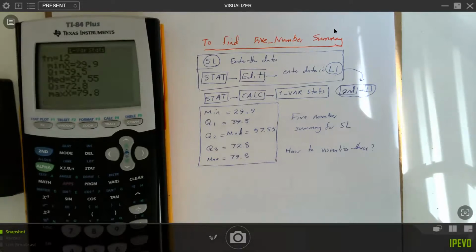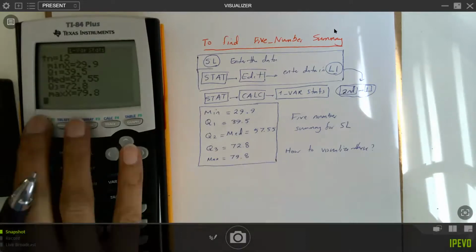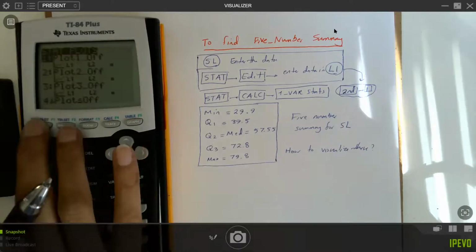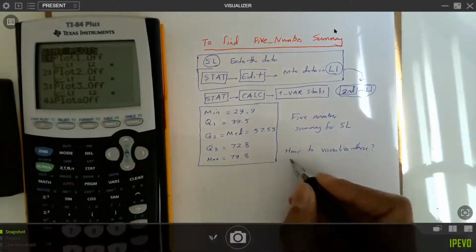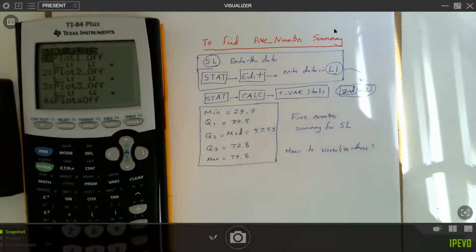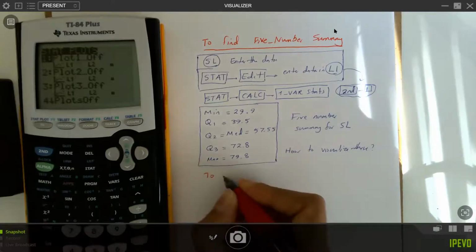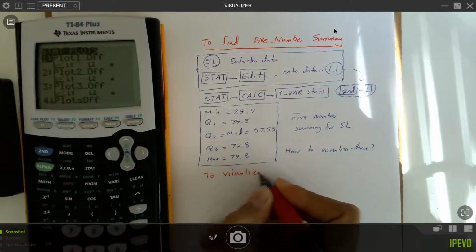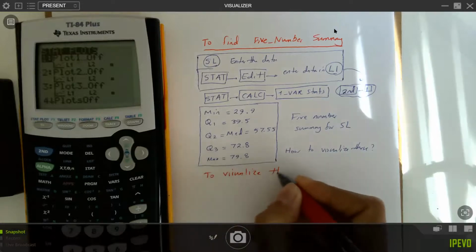So we're going to go to second, y equals, to visualize the 5-number summary.